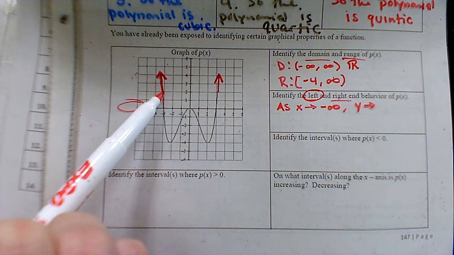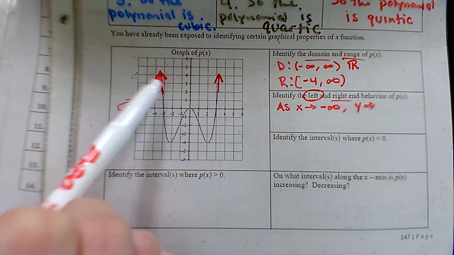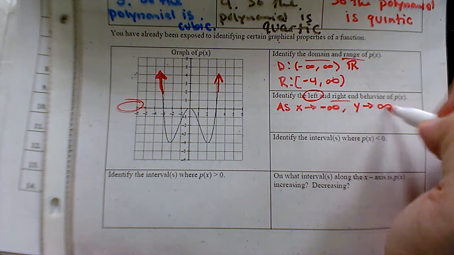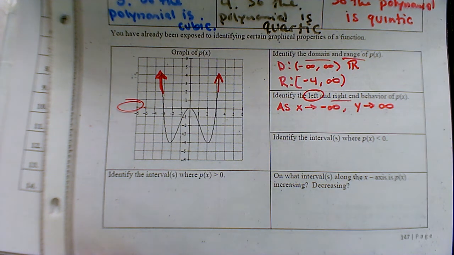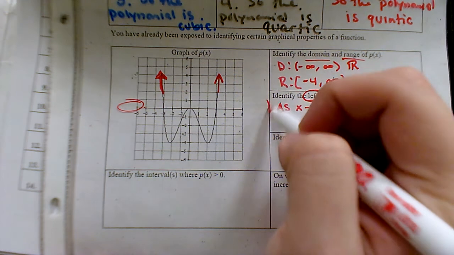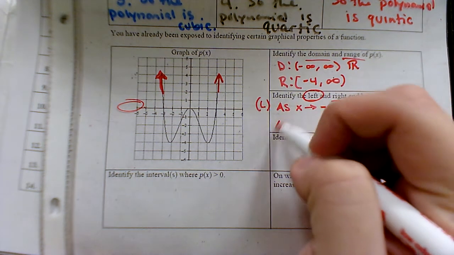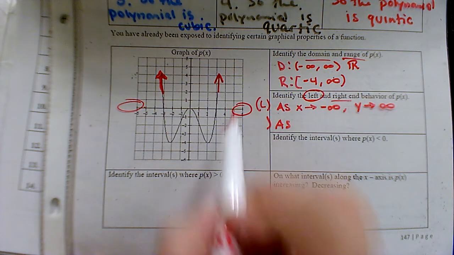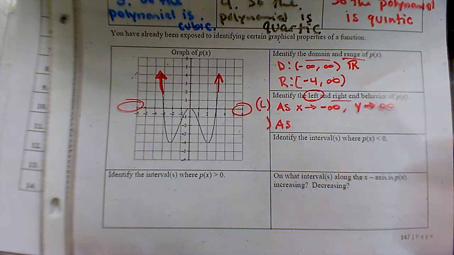The further we trace to the left, the y values or the graph, what would you say? Yeah. It's going up forever, meaning the y values are increasing towards positive infinity. Okay, so that's the left end behavior. For the right end behavior, if we trace forever to the right, the x values are getting more positive.